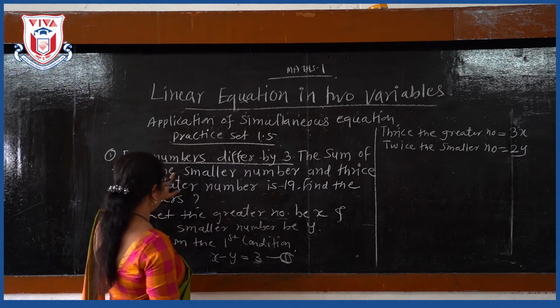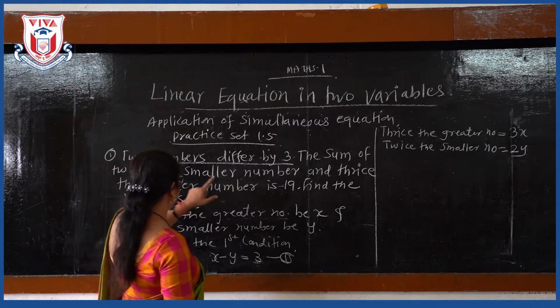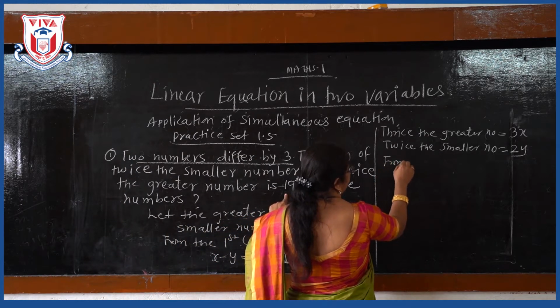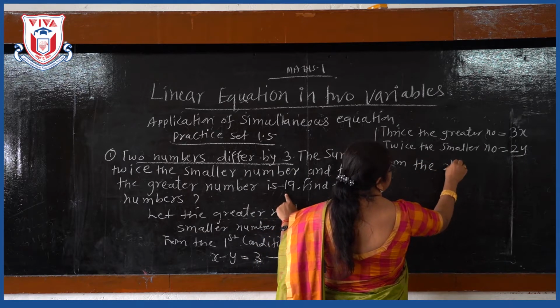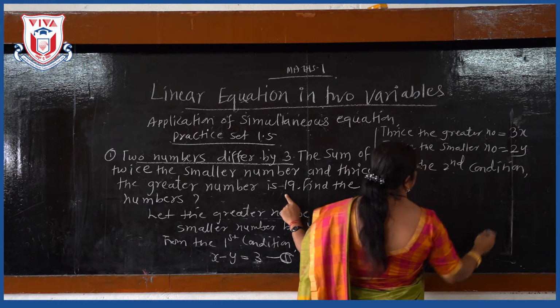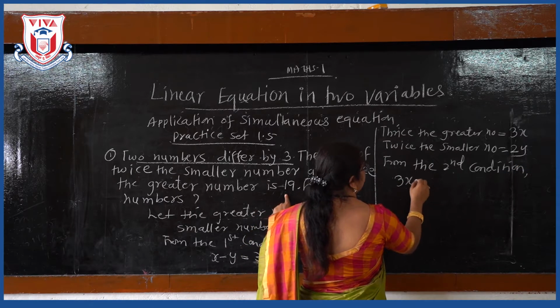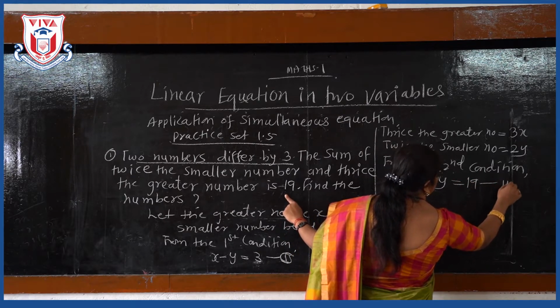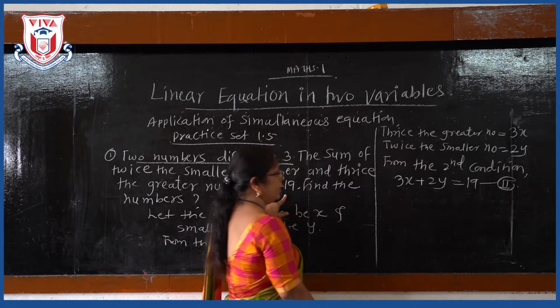The sum is given as 19. So from the second condition, 3x plus 2y is equal to 19. This is equation number 2.